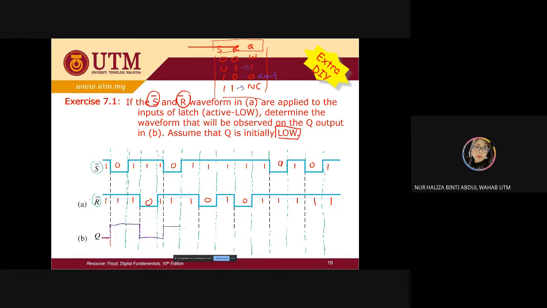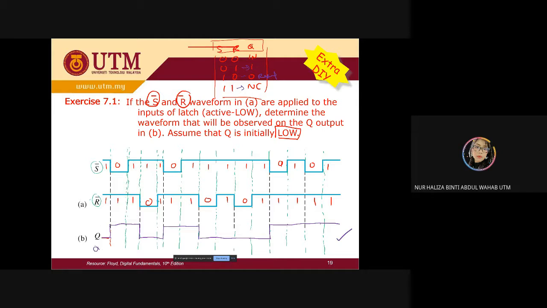And then 1, 1, no change. 1, 0, reset. 1, 1, no change. 1, 0, reset. 1, 1, no change. This one is 0, 1, 1. 1, 1, no change. 0, 1 is 1, and then no change. So you got the Q output.